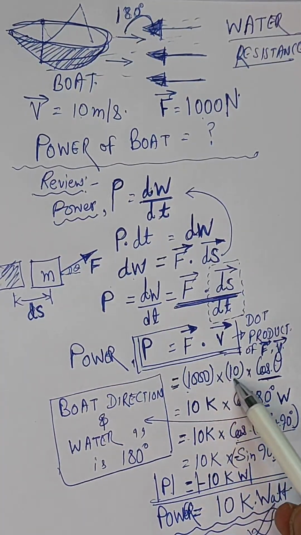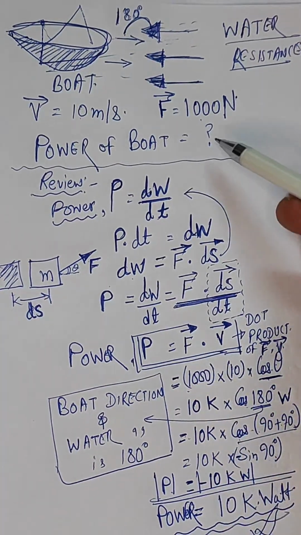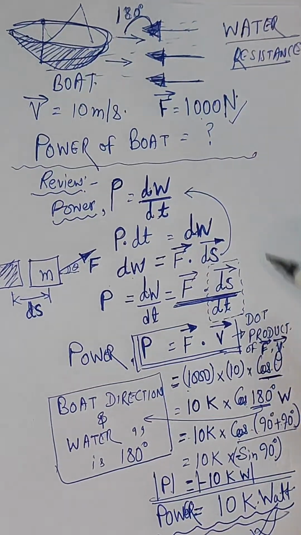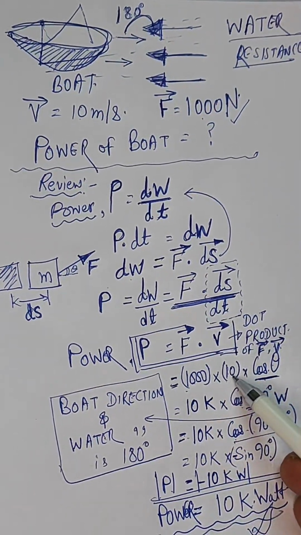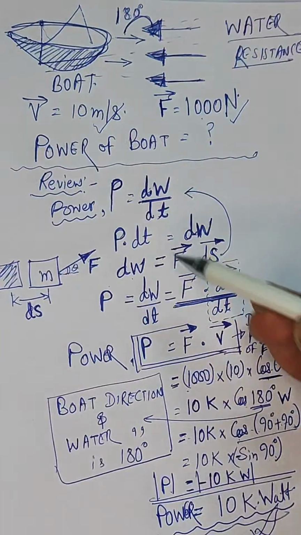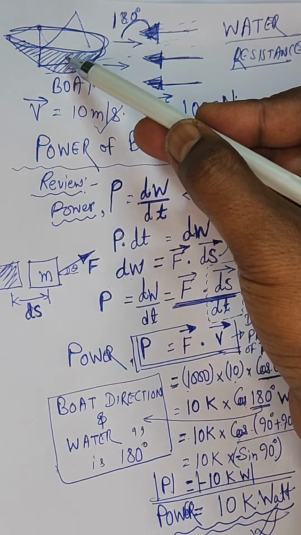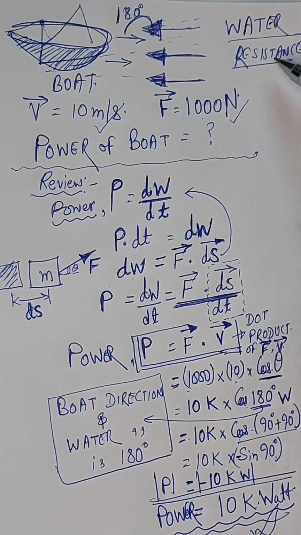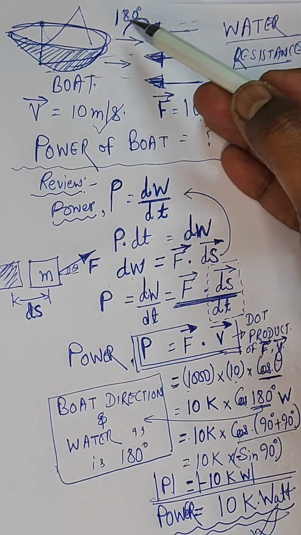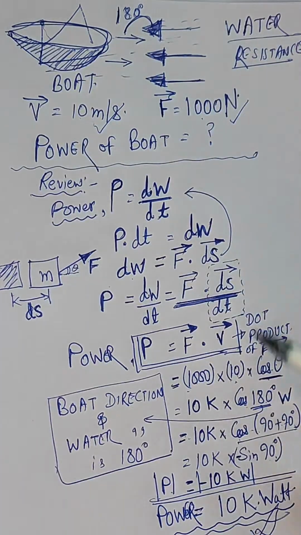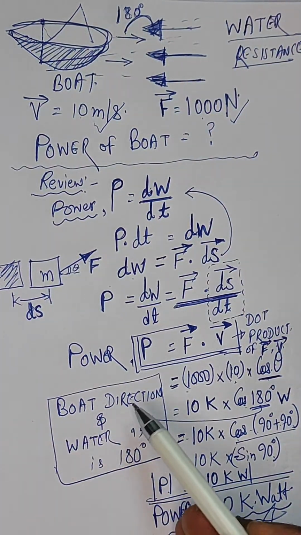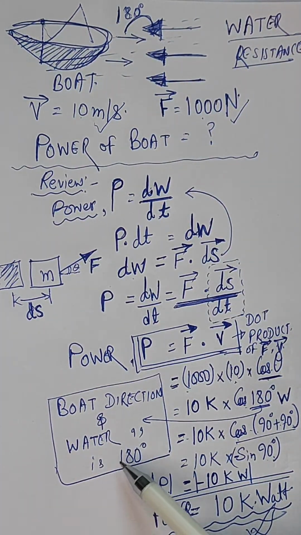We just put the value of force as 1000 Newton, put the velocity as 10 meter per second, and the angle, because the boat is going from left to right and water is resisting from right to left, so the angle between them is 180 degree. So I have written that boat direction and water direction make an angle of 180 degree.